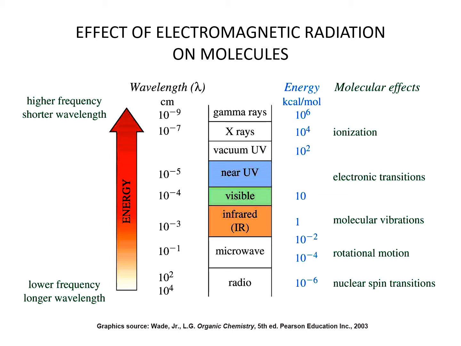Now, the thing to think about here is, if you notice for the IR, that has molecular effects. It's got molecular vibrations. So when you hit a molecule with an IR wavelength of energy or light, it induces vibrations into that molecule. UV, which is higher energy, also has a molecular effect, but that induces electronic transitions.